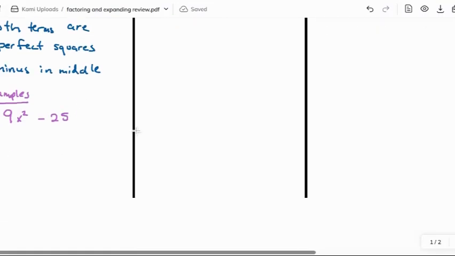Okay, so what are the steps? 2 brackets, right? We're going to have 2 brackets. Take the square root of the first term. So the square root of 9x squared is going to be 3x. And notice you put it at the front of both brackets.